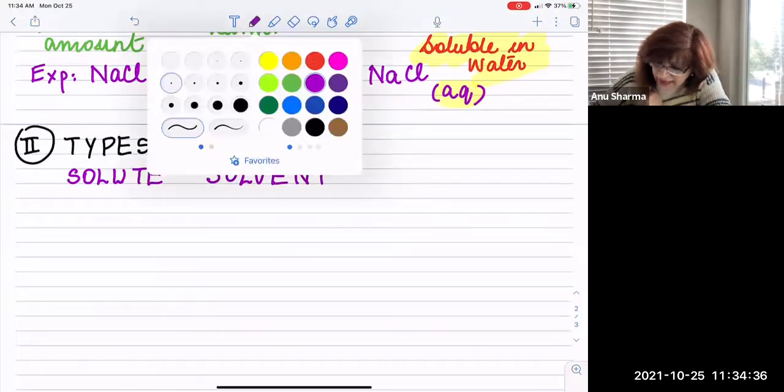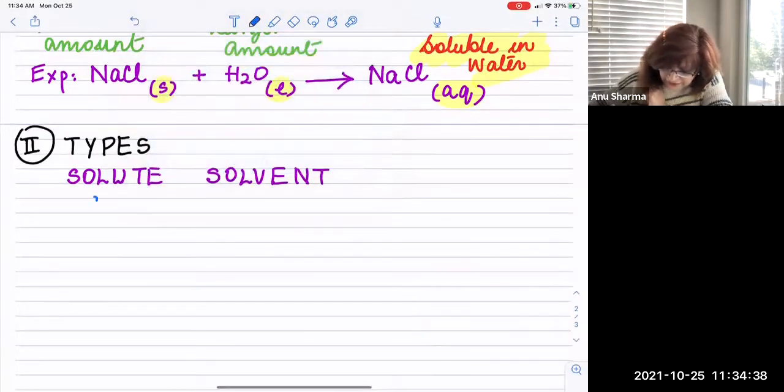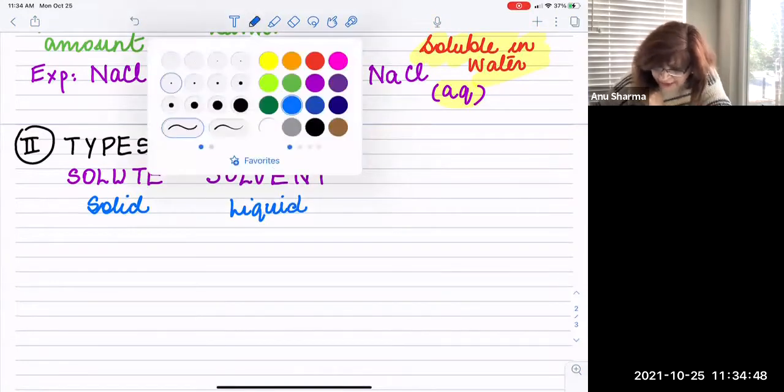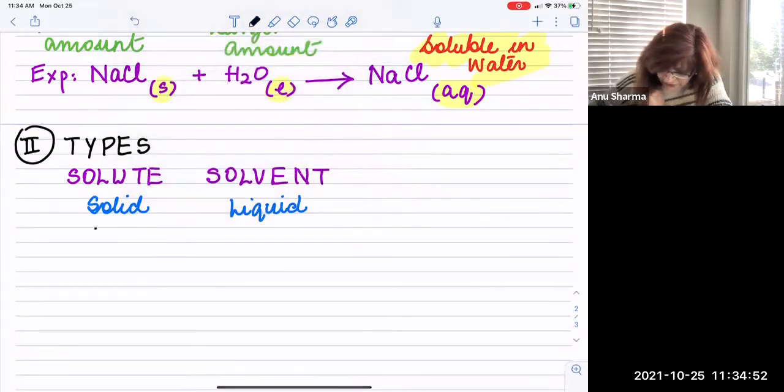Here the solute is a solid and the solvent is a liquid. In this case, what kind of solution do you see? When one is a solid and the other is a liquid, it's like sodium chloride, NaCl, or sugar.